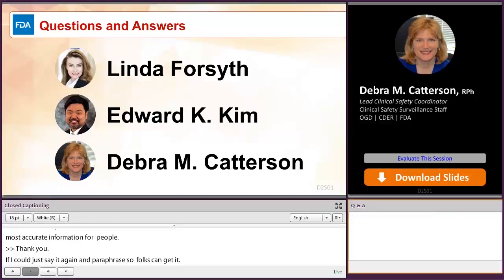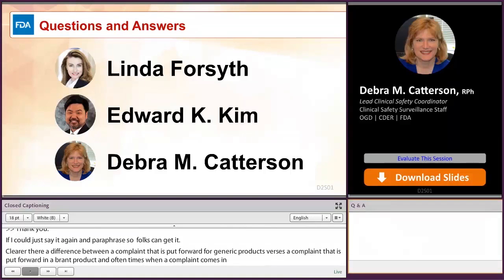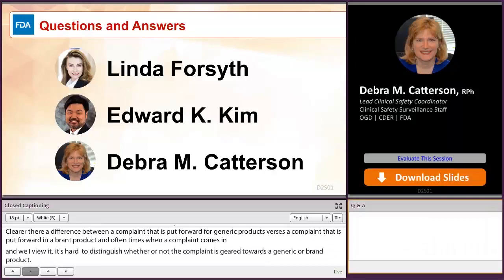Oftentimes when a complaint comes in and we review it, it's hard to distinguish whether the complaint is specifically geared towards a generic or a brand product. It really depends on the quality of the narrative, the entry, the complete fields that were put in, and often it's hard to make that distinction.